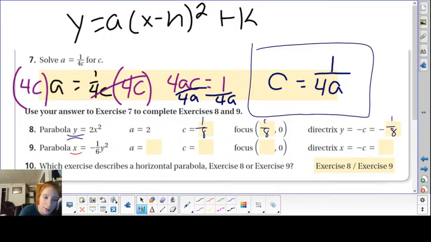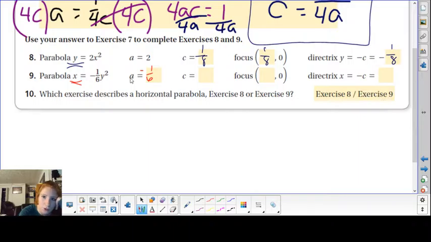This time we're going to be x, so we're going to be left and right. My a here is -1 over 6. I'm going to show the work down below because I want to show you how to simplify this.